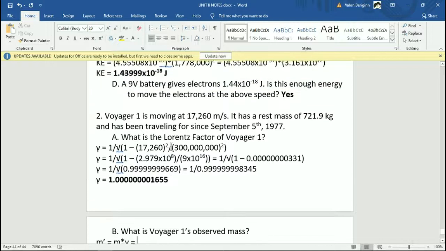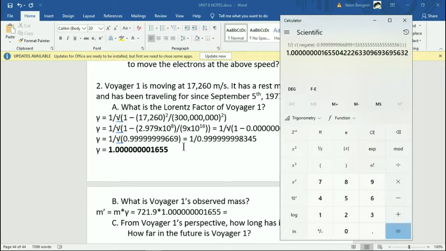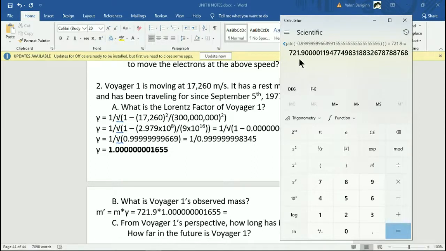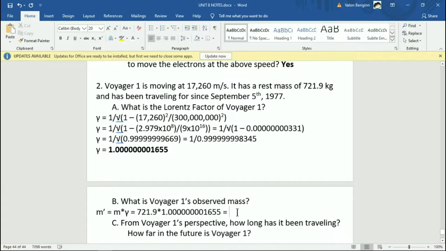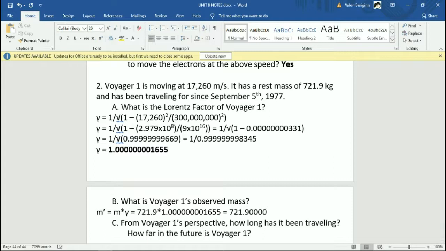So the mass of Voyager 1 is 721.9 kilograms times 1.00000000 and so on, times 721.9. How many zeros? 1, 2, 4 zeros. And then I'll round to 1, 2 kilograms.